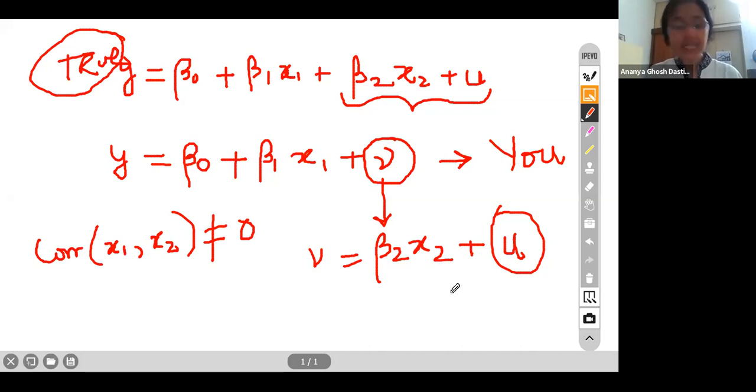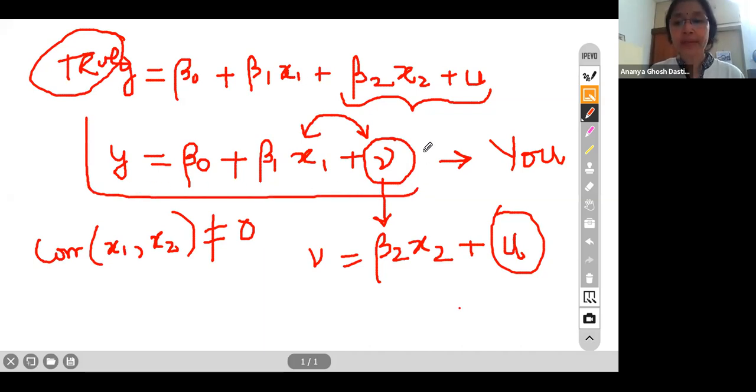If the correlation between X1 and X2 is not equal to 0, then your X1 and mu will get correlated.